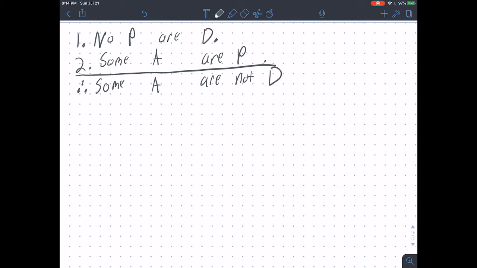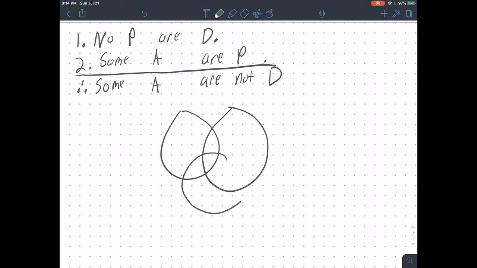Okay, cool. Let me just make sure that this ends up the same way as the book. Okay, right. So what we do is we draw our 3 circles. Those are too small. Again, these don't have to be perfect. Okay, and I'm going to label them like this.